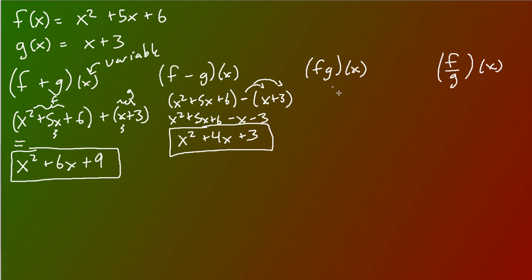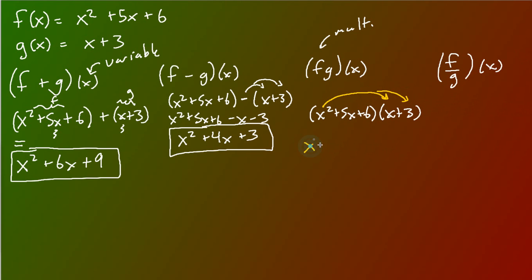Done. And now this means to multiply. So I want to multiply these things. So I'm going to take f of x, x squared plus 5x plus 6, and I'm going to multiply it by x plus 3. Now, in order to do this multiplication, I'm going to distribute the x squared to both of these.